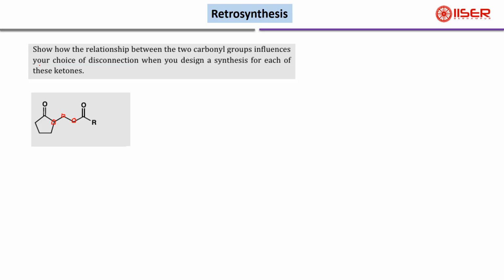When it is two carbons apart, we choose the alpha-bromoketone. When this is three carbons apart, the electrophile will change.